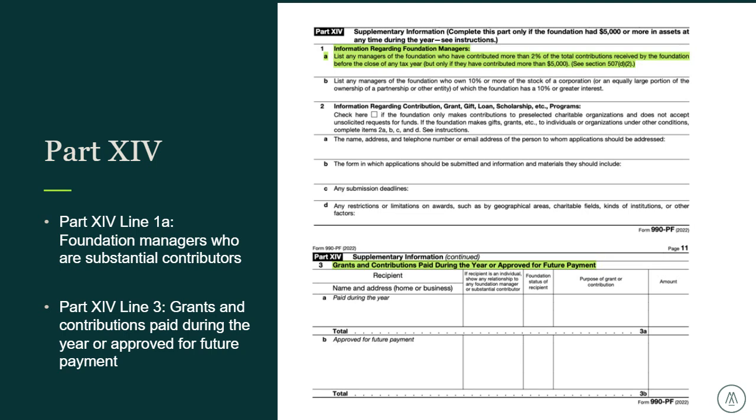It's good practice to go to the Schedule A and verify what type of public charity it is. If you do see that the organization has filed a 990-N, rest assured it is not a supporting organization, because supporting organizations cannot file a 990-N.